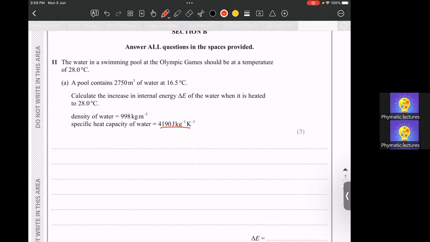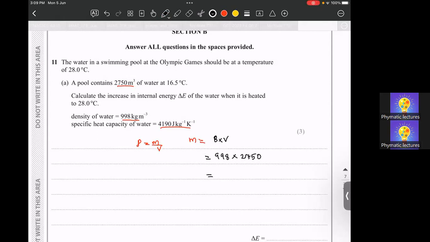Since the density and the volume are known, we can calculate the mass. The density rho is mass by volume. Therefore, mass is equal to density times volume, correct? Keep an eye on all the units. So density is 998 multiplied by the volume, 2750.